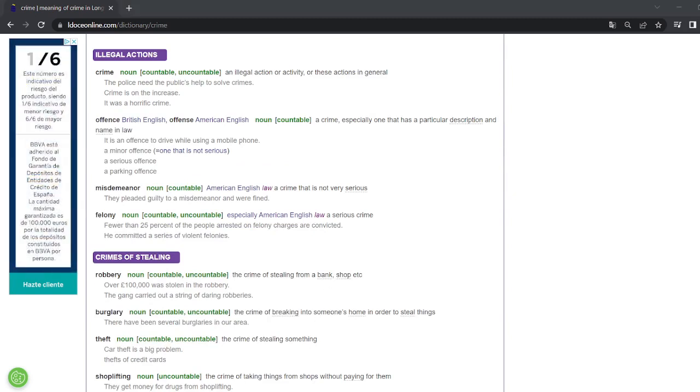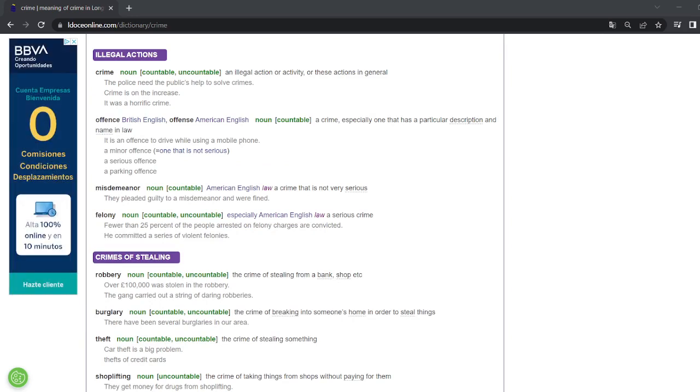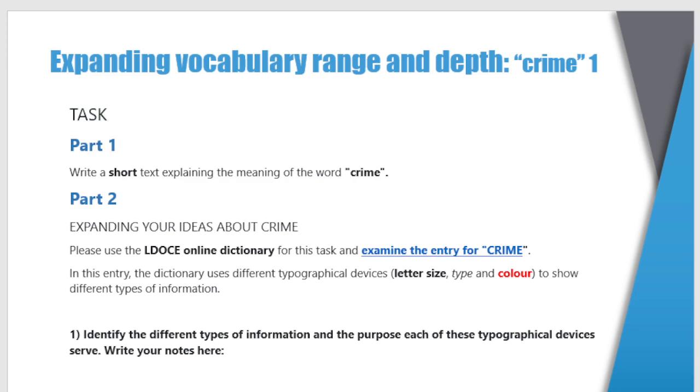So they are asked to examine all this information and to note down all the different types of information that they can see, how there are different typographical devices, the colors that show different types of information, and they should note down the information that they think is important from this entry.